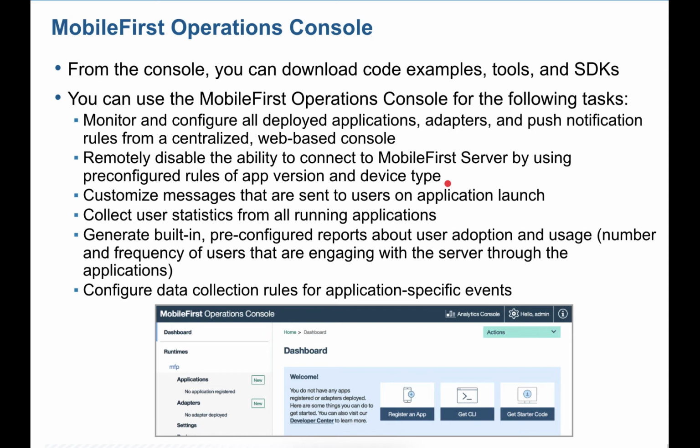So you can disable that application so that no one can use that application from that device. That you can disable from the Mobile First operational console. Apart from that, you can customize messages that are sent to the user on application launch. So any kind of notification you can send from this operational console.